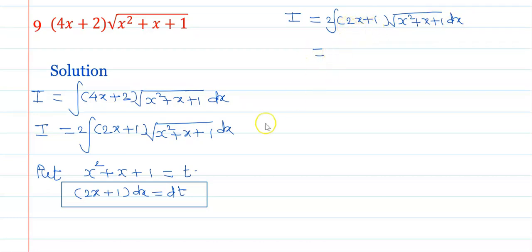Therefore, the value of (2x plus 1) into dx is dt, and here this is 2 into root of t into dt.